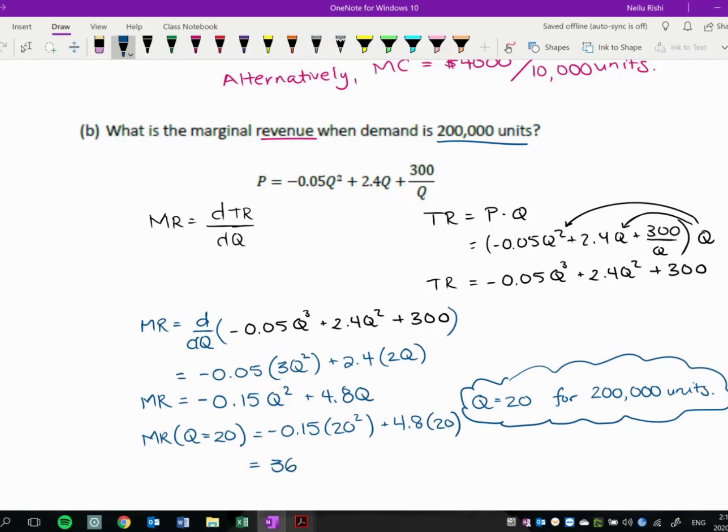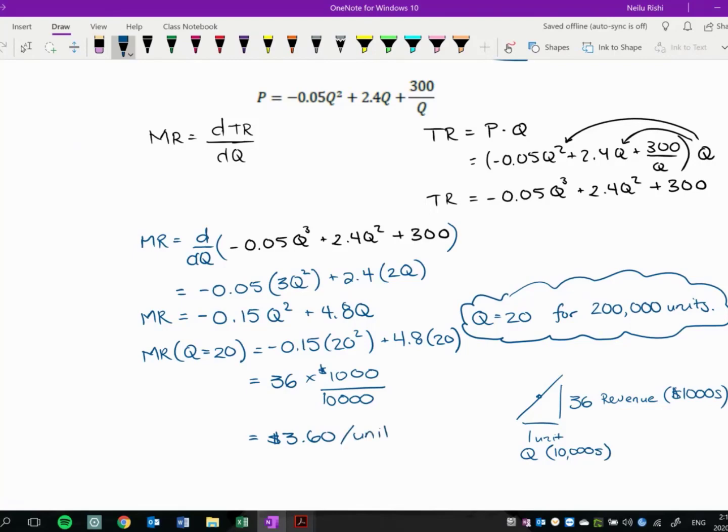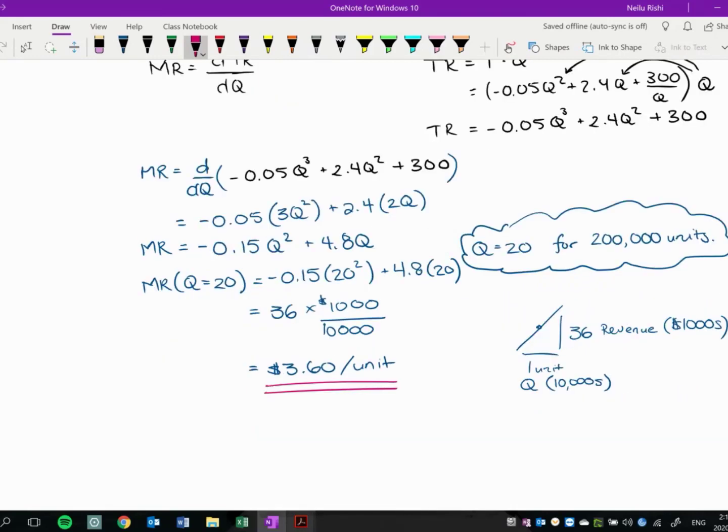Giving it the correct units, this time it's saying 36 units of revenue, which are in thousands, over 1 unit of quantity, which is in 10,000s. So multiplying by $1,000 for every 10,000 units, I'll get $3.60 per unit. And that is my marginal revenue.